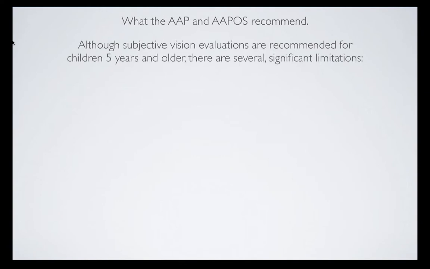So subjective screenings are recommended, but like we were talking about, there's several limitations, and they're significant. For example, one can say, well, a subjective vision screening includes a full eye exam, and that's absolutely true, but the financial and logistical barriers of getting every child to an eye doctor every year is not programmatic at all, and in fact, there are simply not enough eye care professionals for every child to be seen every year.